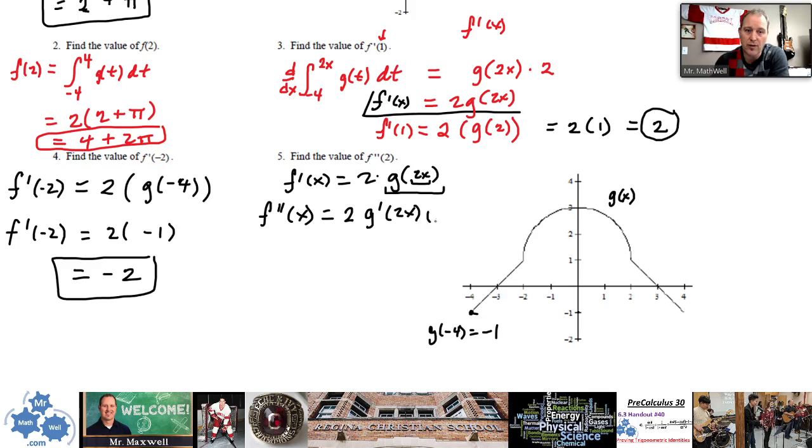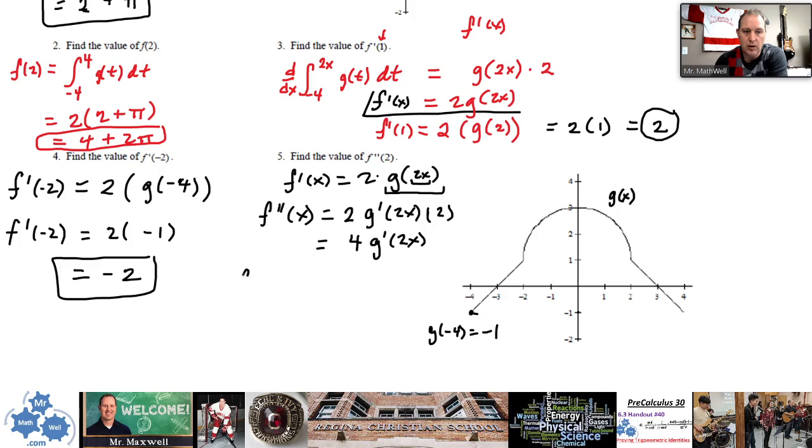Don't forget the chain rule, which is just 2. So what do we have? The second derivative of x is 2 times the derivative of g of 2x, times 2. So let me just write that as 4 g prime of 2x.